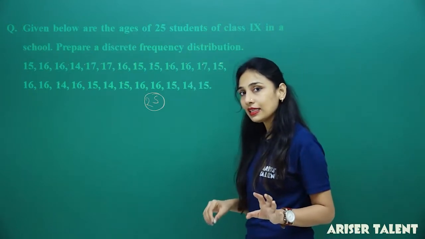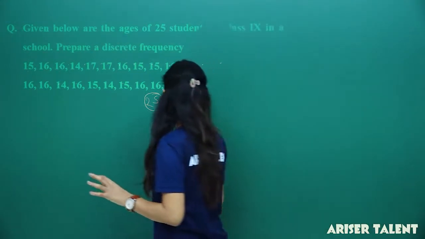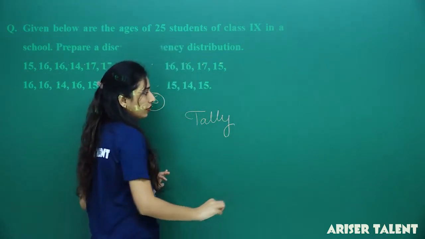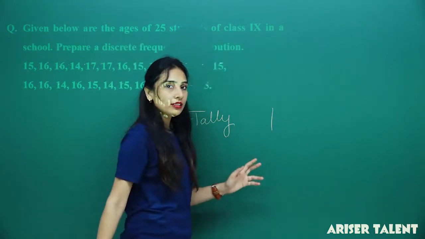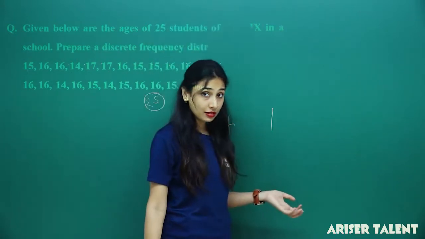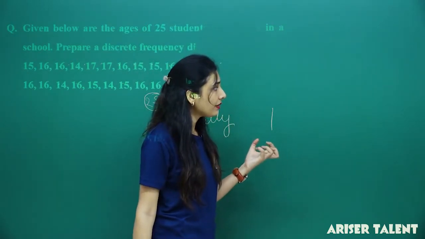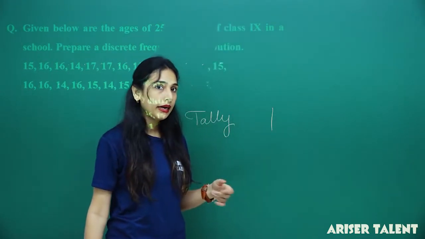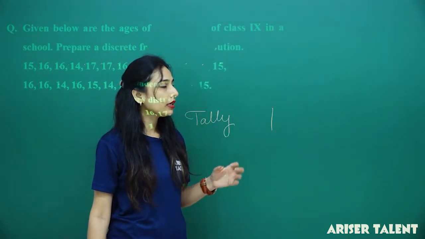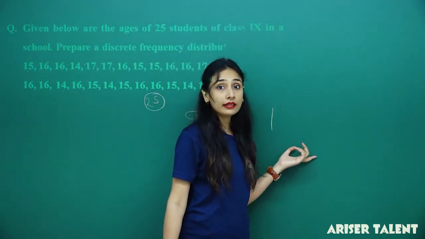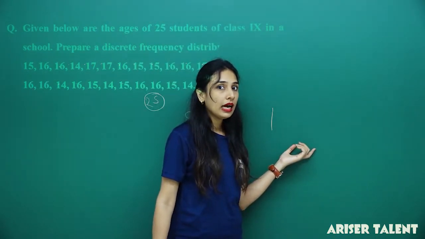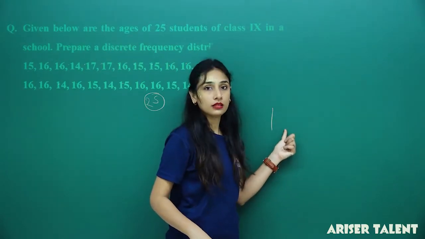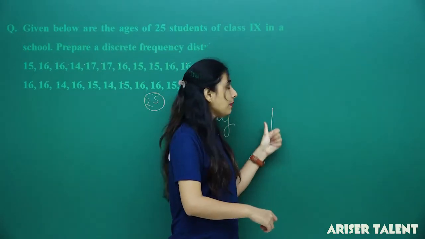Now you know the tally. We count it like that. If I am having some pebbles in a box and I am counting them, I have to make sure that my counting is exact. So I start using these lines. I will mark this as 1.